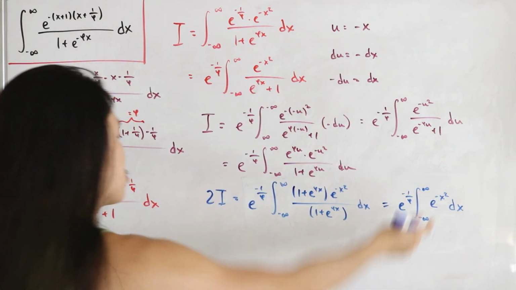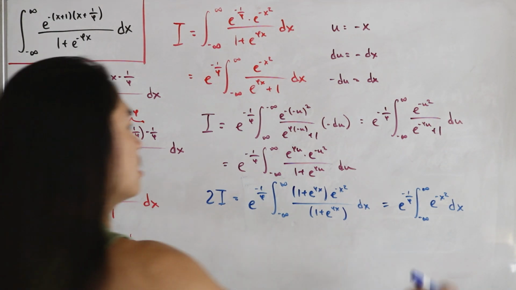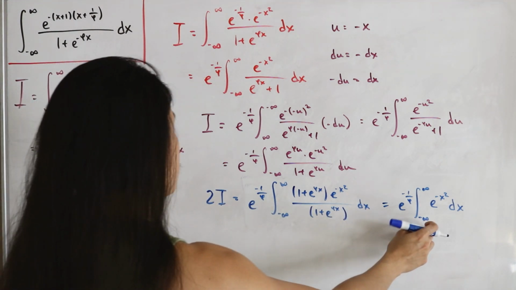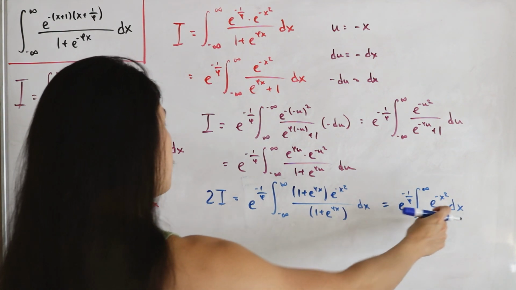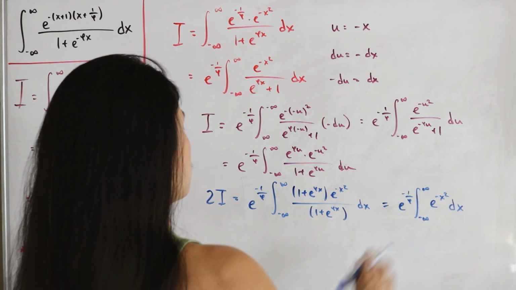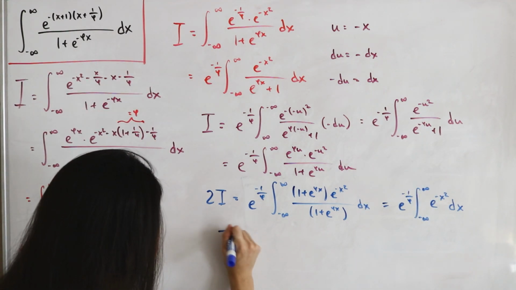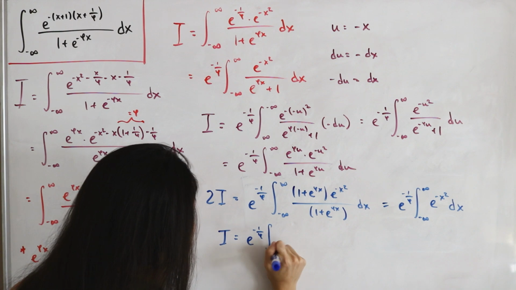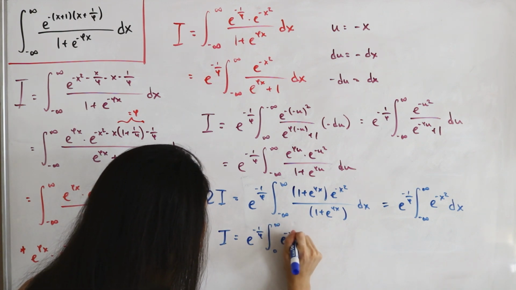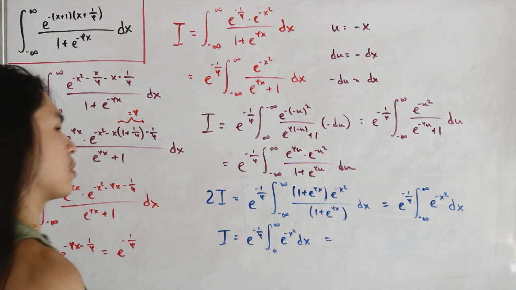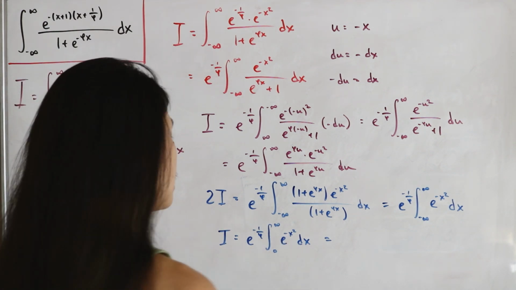As you can already guess, this is just the Gaussian integral over the entire real line. Another thing I can do is divide this by 2, even though there's no 2 here, because our integrand is an even function. So we can split this up to say that I is the same thing as e to the negative 1 divided by phi, then the integral from 0 to infinity of e to the negative x squared dx. There are several ways to calculate this, such as polar coordinates or using the gamma function.